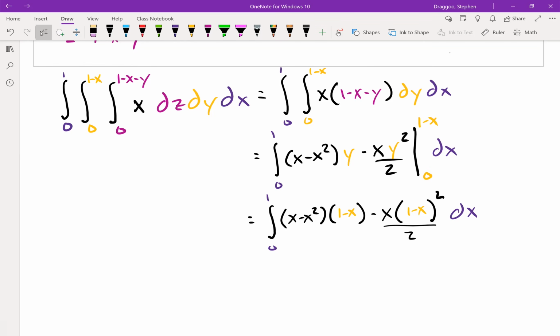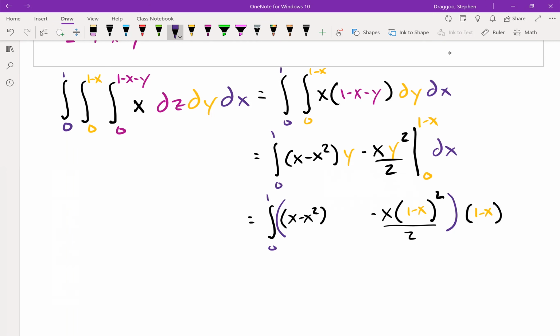Yeah, that won't be too bad. x minus x squared minus x plus x squared over 2. Actually, that worked out to be kind of nice, didn't it? So if we just, for a moment, grab this 1 minus x here, pull it out, factor all of that.